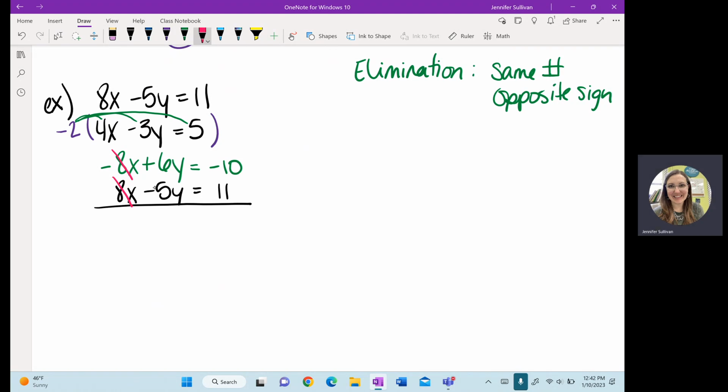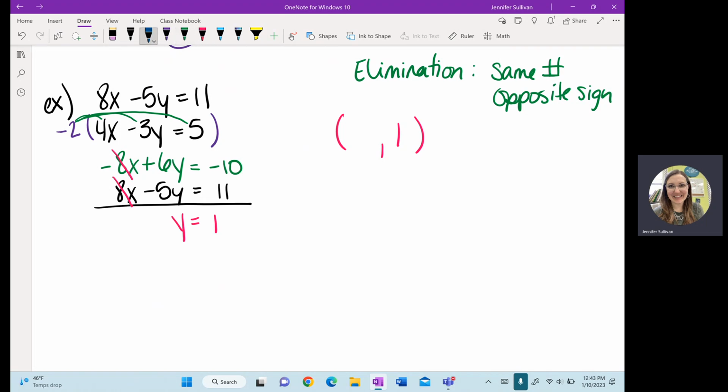And I'm combining vertically for my y's. 6y minus 5y gives me just 1y. And a -10 and a positive 11 gives me 1. So now in my answer, 1 is going to go in the spot for the y. And I just need to find the x.